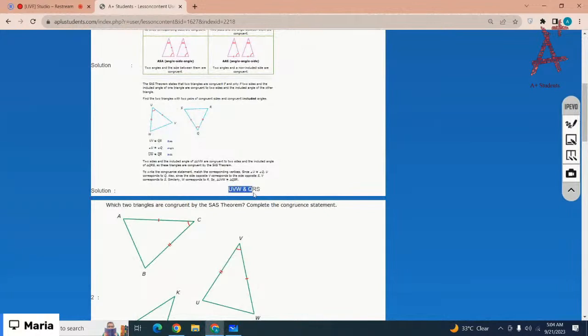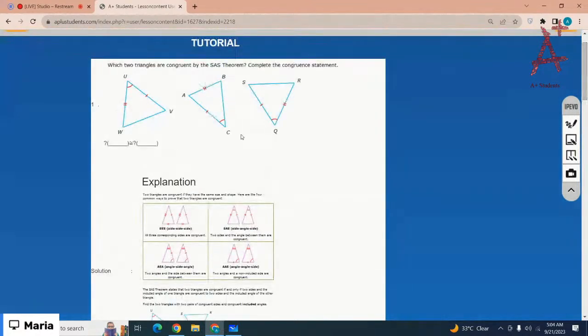You can see side UV is congruent to side QR, side UW is congruent to side QS, and angle U is congruent to angle Q. So that's why these two triangles are congruent according to the theorem, right? Okay.